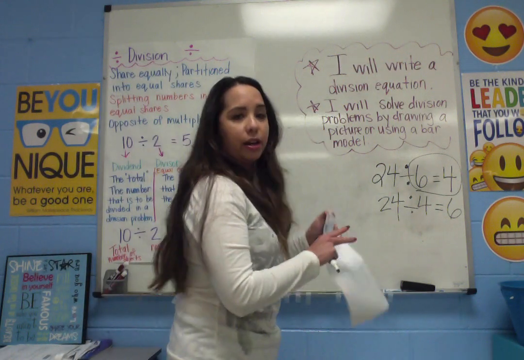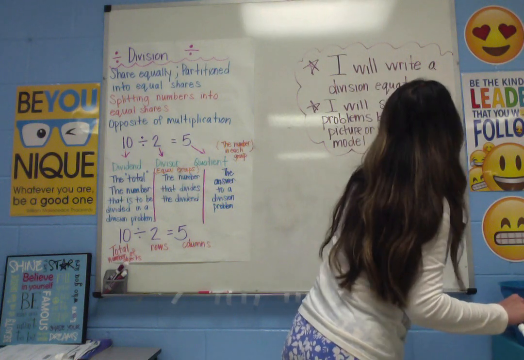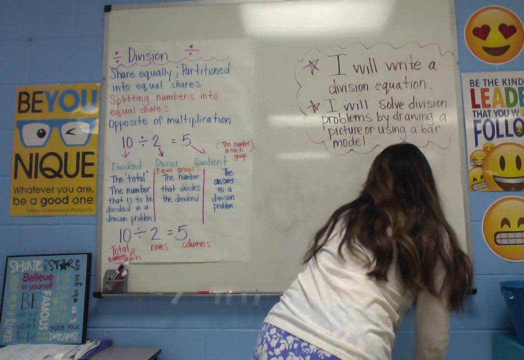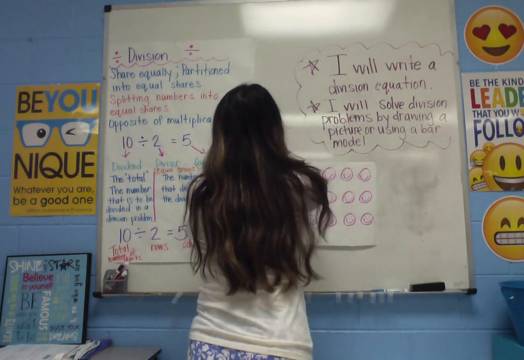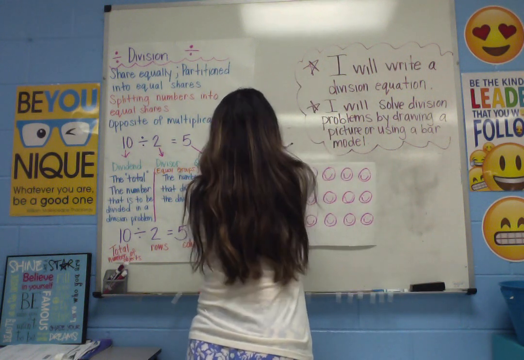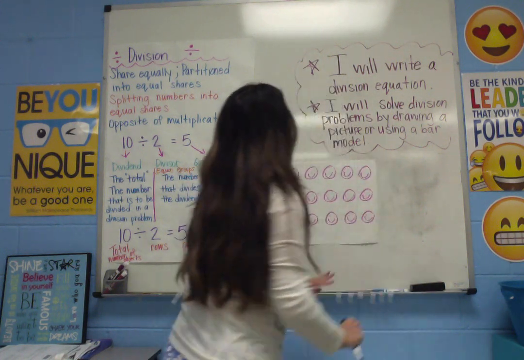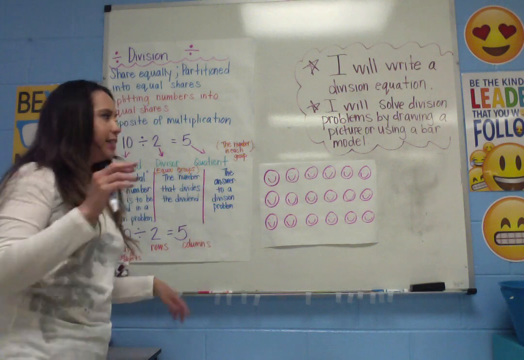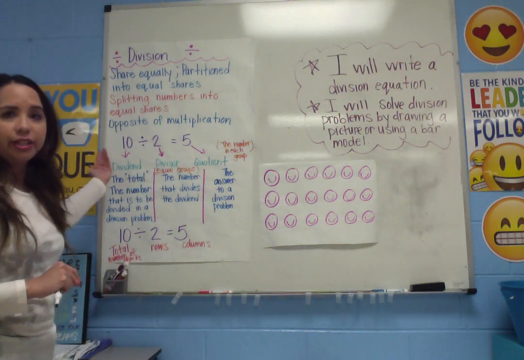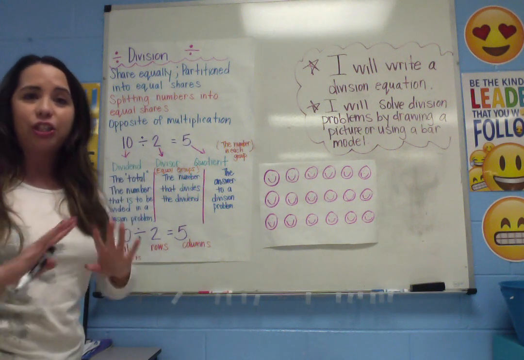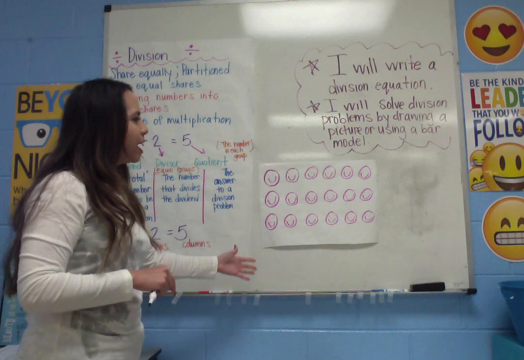Now let me show you when we have an array. Here's an array of smiley faces, okay? Again, we are writing a division equation. Our dividend, the first number in the equation, represents the total number of objects. In this case, they are smiley faces.